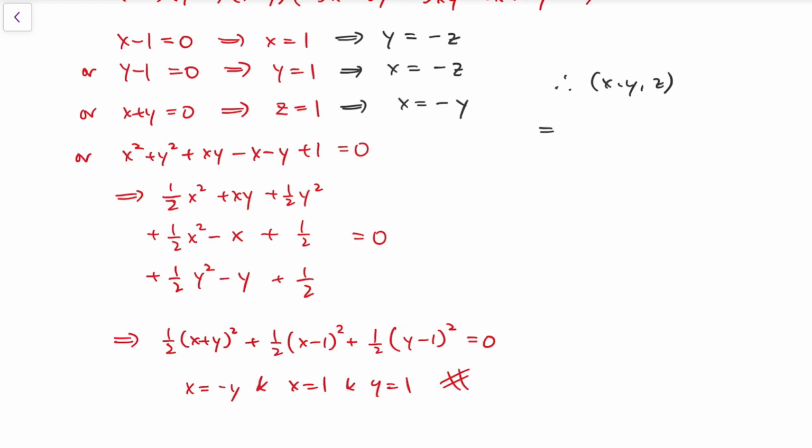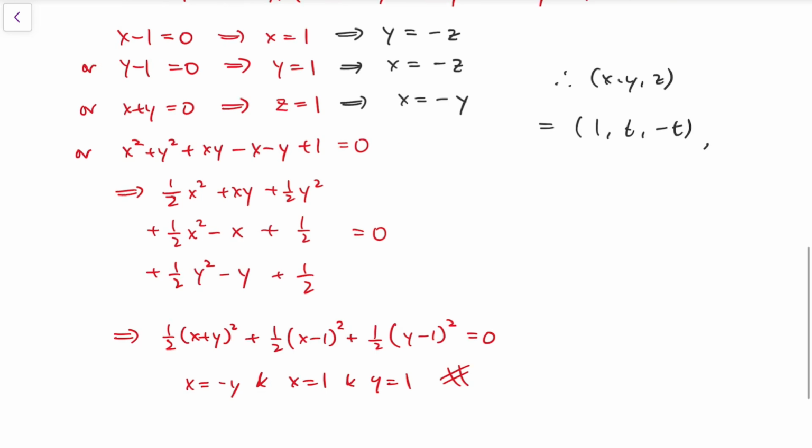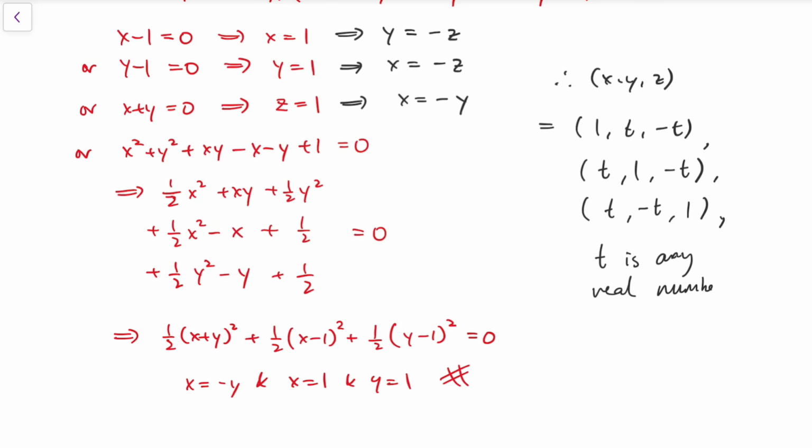So altogether, our solutions are either we have x is 1 and then t and minus t, a parameterized version, or y is 1 and the other two would be t and minus t, or z is 1 and then t and minus t for the other two unknowns respectively, where t is any real number. So all of these are solutions to the system. So this is the final answer.